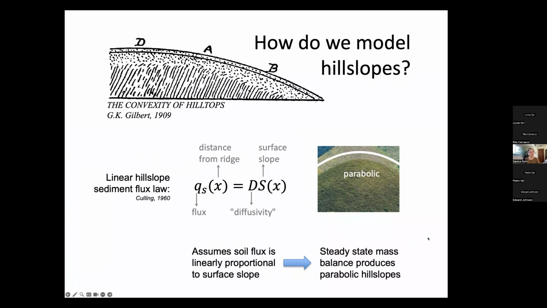This is considered a diffusive flux law because when we assume that the soil flux is proportional to surface slope, we end up with a steady state mass balance where erosion rate is equal to tectonic uplift. This leads us to a parabolic equation for hill slope profiles, which is a nice, elegant solution.